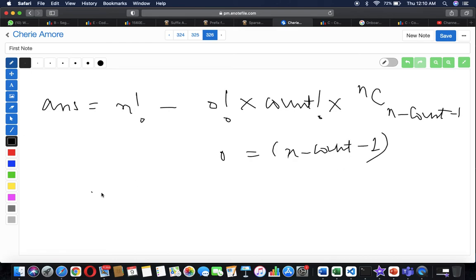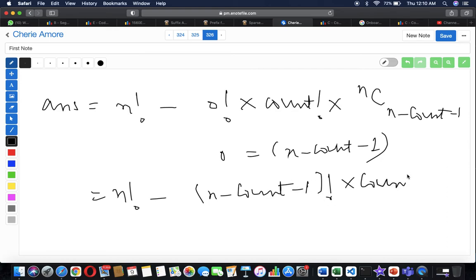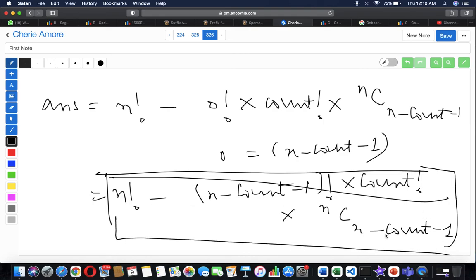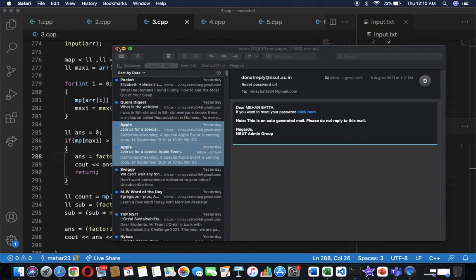So you can calculate the answer to be n factorial minus n minus count minus 1 factorial into count factorial into n C n minus count minus 1, and there we have the answer to the entire question, right? Great.